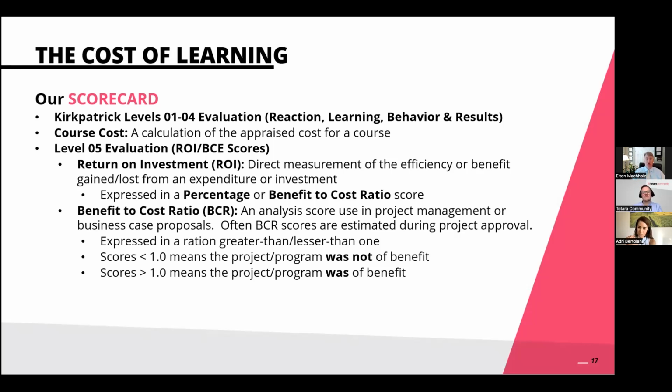So it's probably a good decision to proceed. Scores lesser than 1 would mean that we had a project that was not of benefit, but not a loss to the organization. If we end up with a project that is lesser than 0, if it's a negative BCR score, this was probably something that should have never made it to the approval board and never have been drafted.